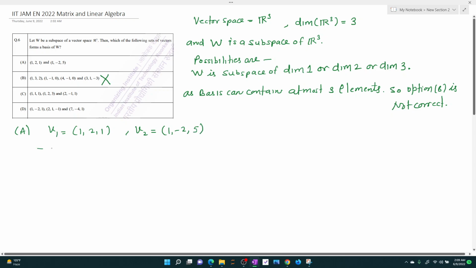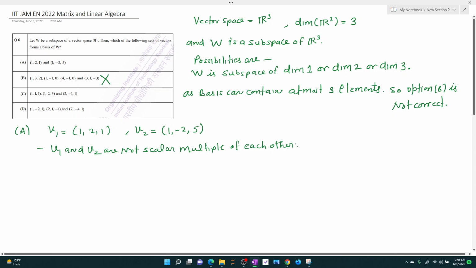So we can clearly say that v1 and v2 are not scalar multiples of each other, right? This is clear to everyone.